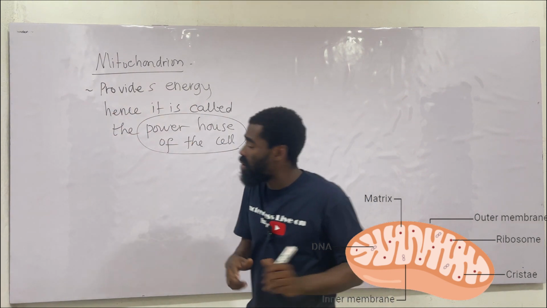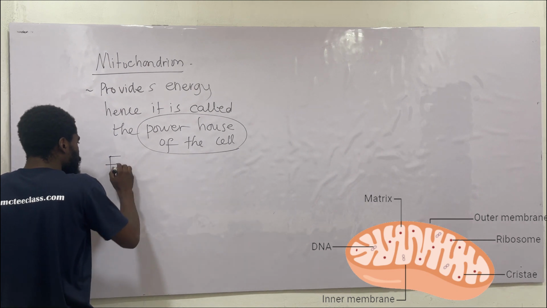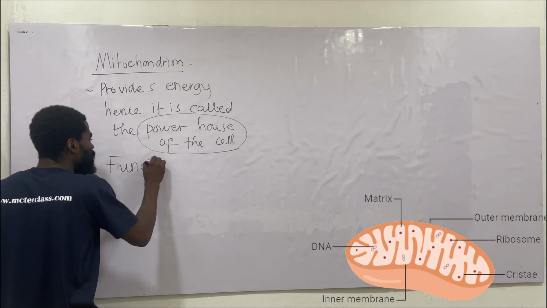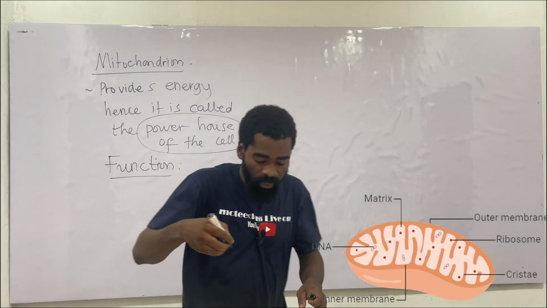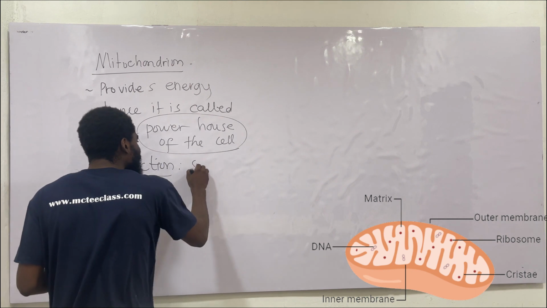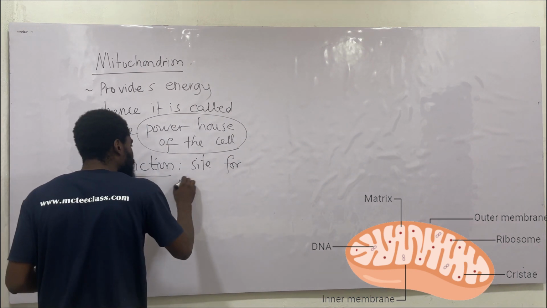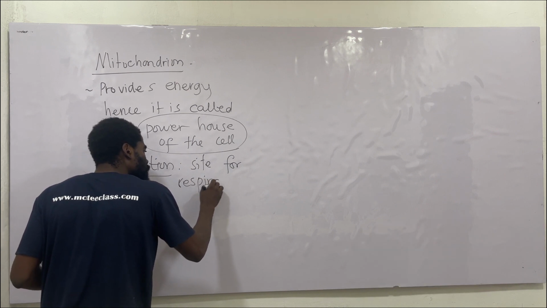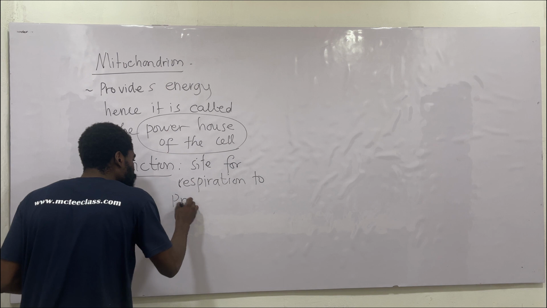So the function of the mitochondria is to do what? It is the site for cellular respiration to produce energy.